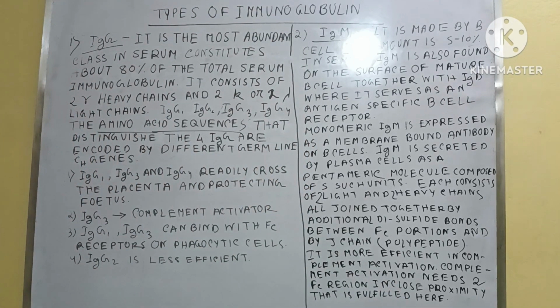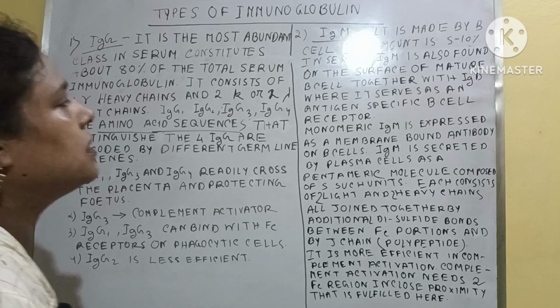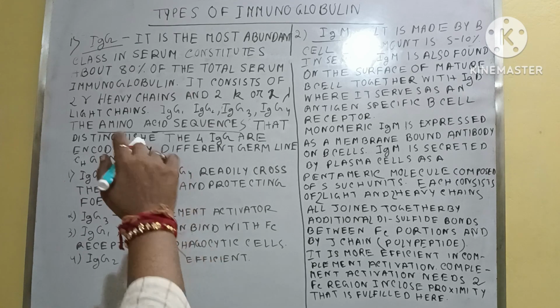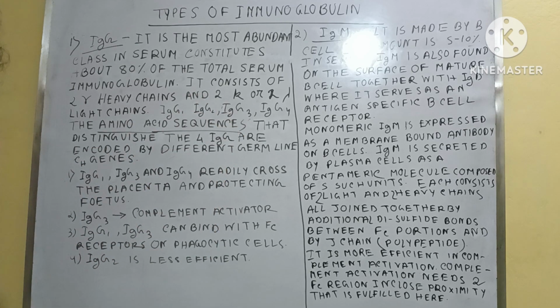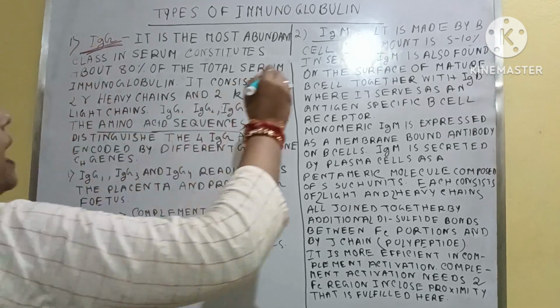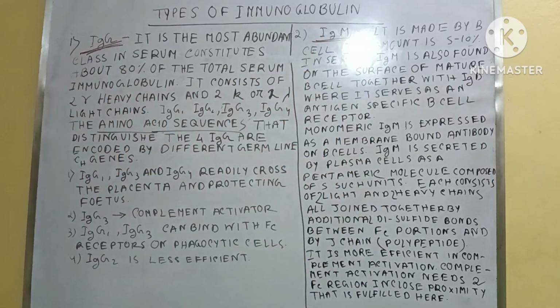The types of immunoglobulin. Before explaining, I want to say that the space is very short, so I will first explain two types, and after that I will explain the others. The two immunoglobulins are IgG and IgM.